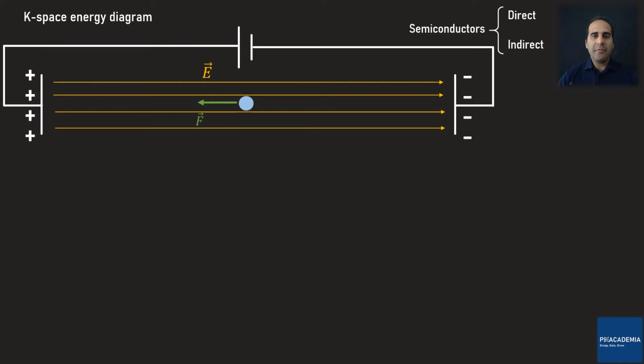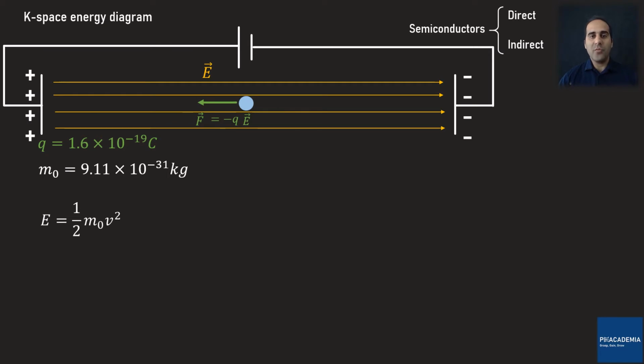The force F equals minus Q, which is the charge of an electron, times the electric field. Q equals 1.6 times 10 to the power of minus 19 Coulomb. The electron kinetic energy E equals half times the electron rest mass times velocity squared. The electron rest mass is a constant and equals 9.11 times 10 to the power of minus 31 kilogram.